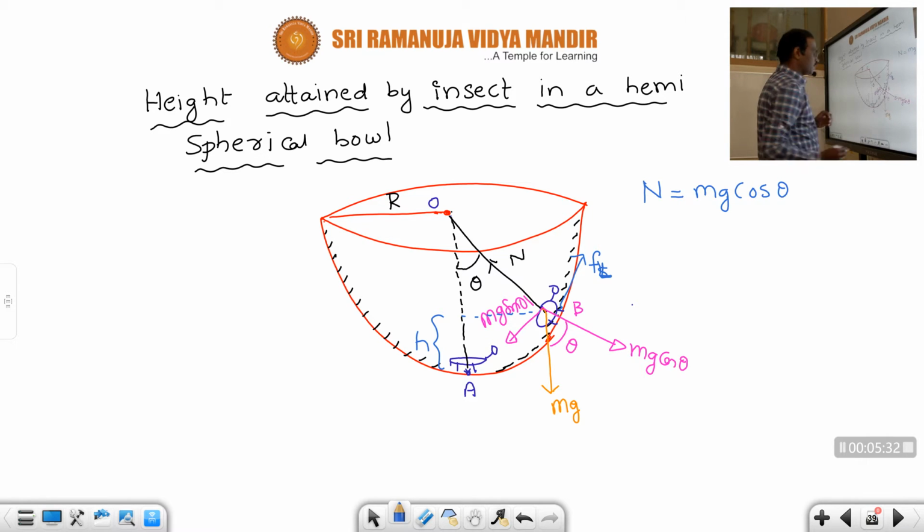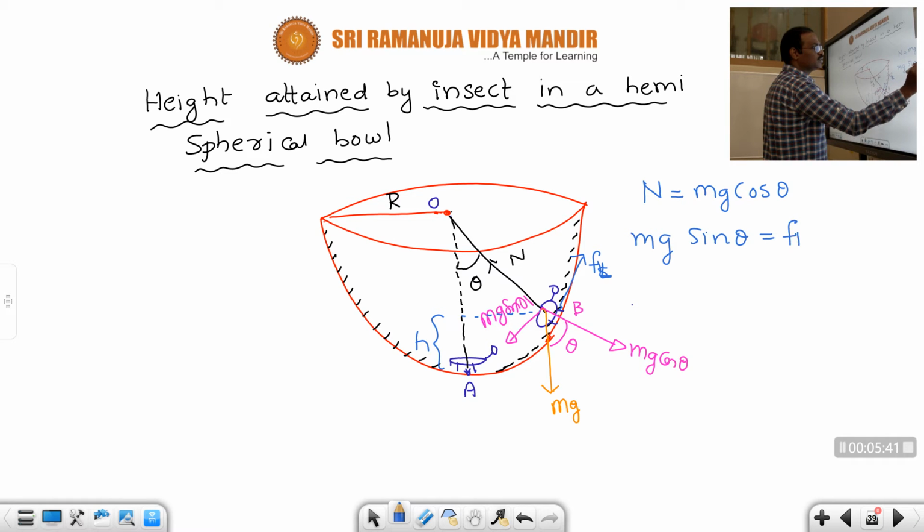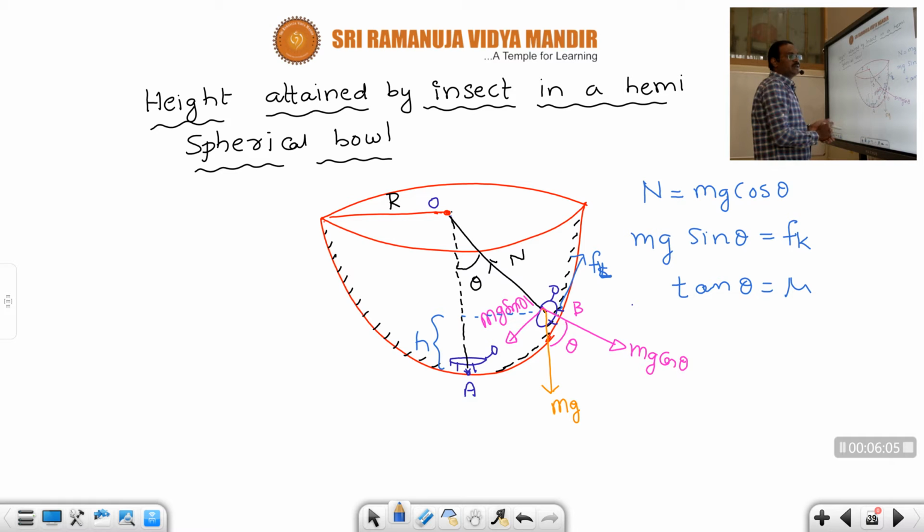N is equal to mg cos theta, and mg sin theta is equal to the force of friction. Dividing, mg sin theta by mg cos theta, mg gets cancelled and tan theta is equal to FL by N, which is the coefficient of static friction mu s. So tan theta is equal to mu.